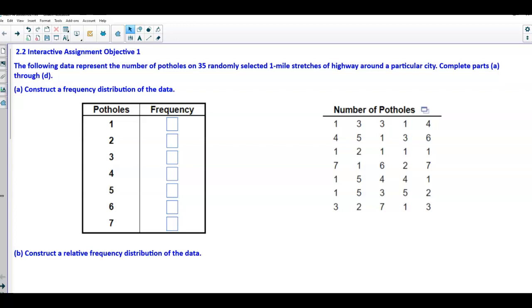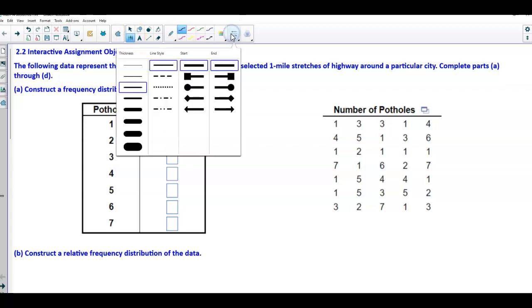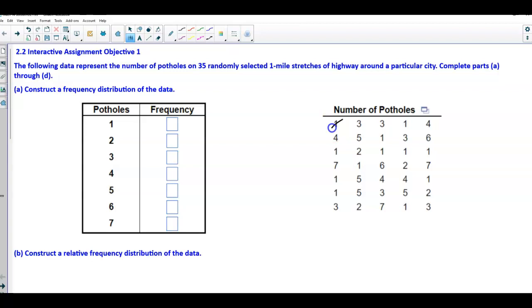So how many potholes are listed as 1? We're going to go ahead and count that. 1, 2, 3, 4, 5, 6, 7, 8, 9, 10, 11, 12. For 2 potholes, we have 1, 2, 3, 4. For 3 potholes, we have 1, 2, 3, 4, 5, 6.